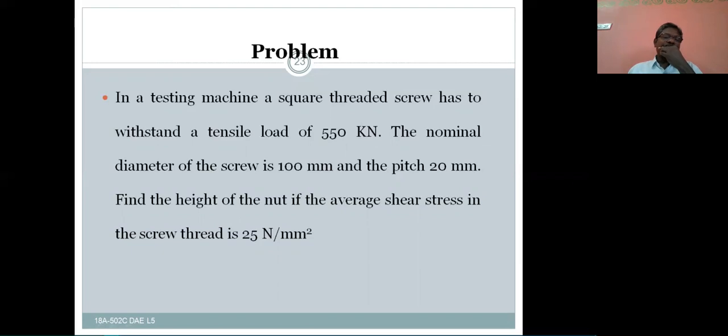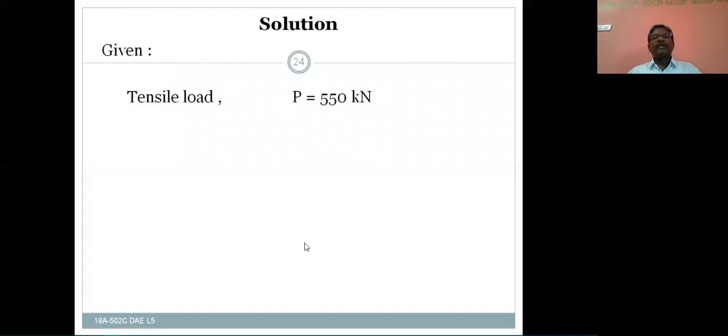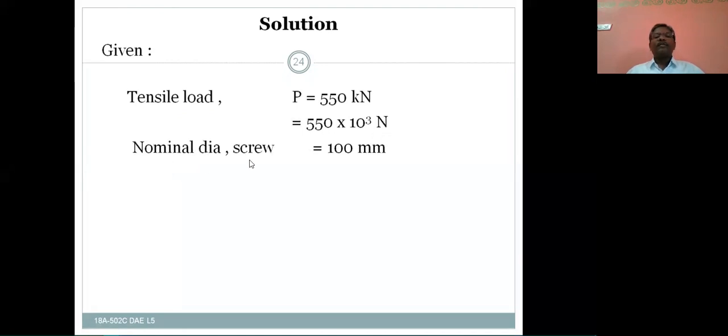As in the previous discussion, in order to avoid stripping of the bolt, we make the shear strength equal to the tensile strength. So tensile load P is equal to 550 kilonewtons, that is 550 into 10 to the power of 3 newtons, the nominal diameter of the screw D is 100 millimeters, and the pitch of the screw P is 20 millimeters.